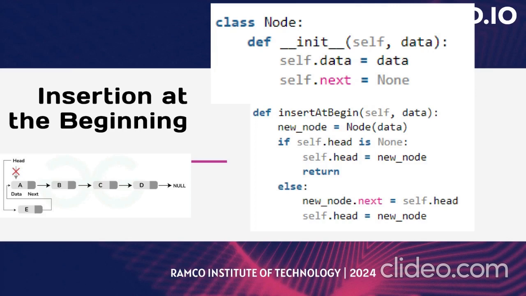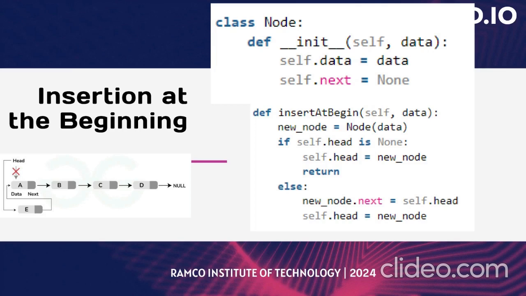Based on the data, I have created a node and stored it in new node. Then I'm checking whether the head is None or not None. If it is None, directly self.head is equal to new node. I'm changing the value of head and return. If it is not empty, there are some elements already present in the list. So new node.next is equal to self.head.